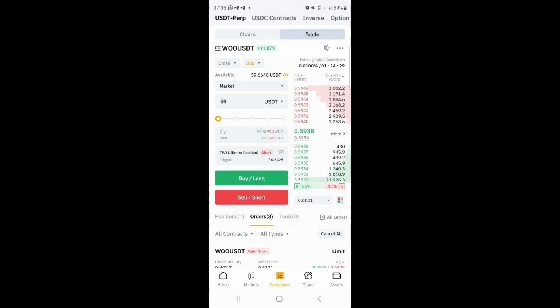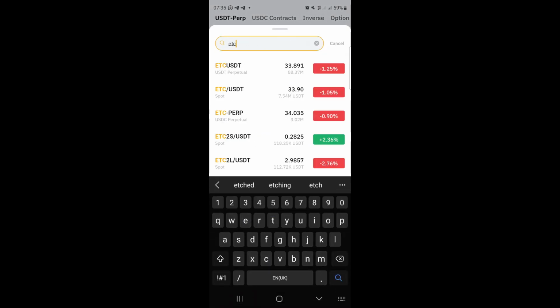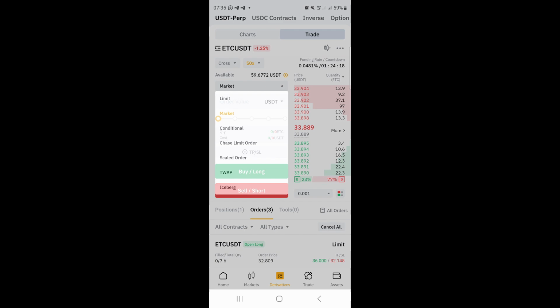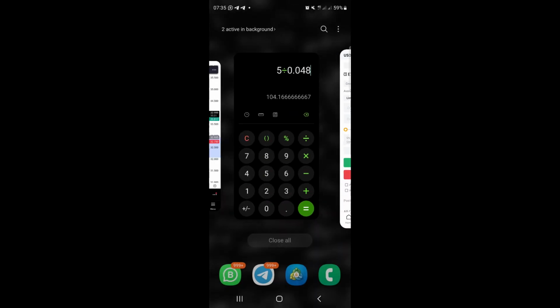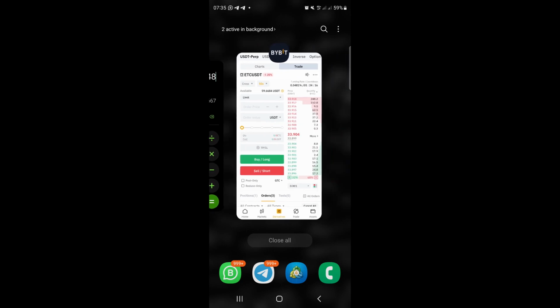So let us go to that ETC long trade and perform everything from the beginning again, so you understand. So ETC USDC, you go to trade. It's a limit order. You can see the entry price is 32.935.